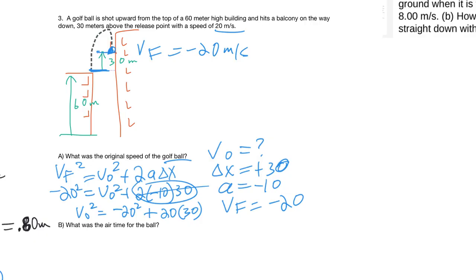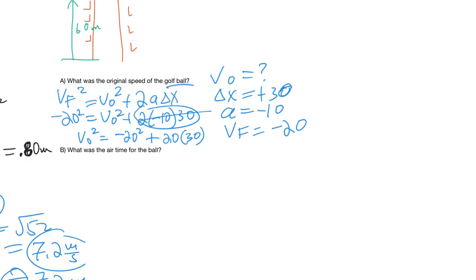Okay, so what we have is, so I get VO squared equals 400. This makes it positive. Negative 20 times negative 20 is 400 plus 20 times 30, which is 600. And then I have to take the square root of it, right?